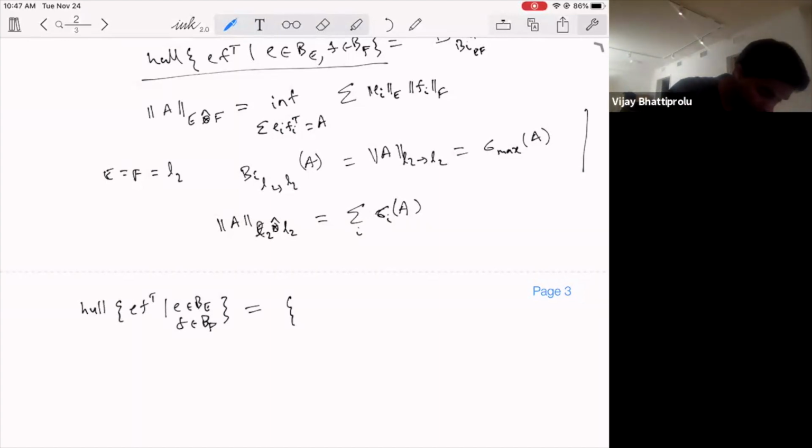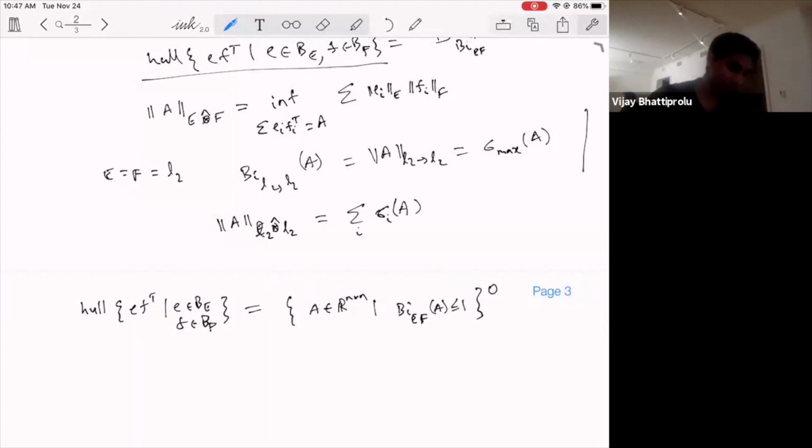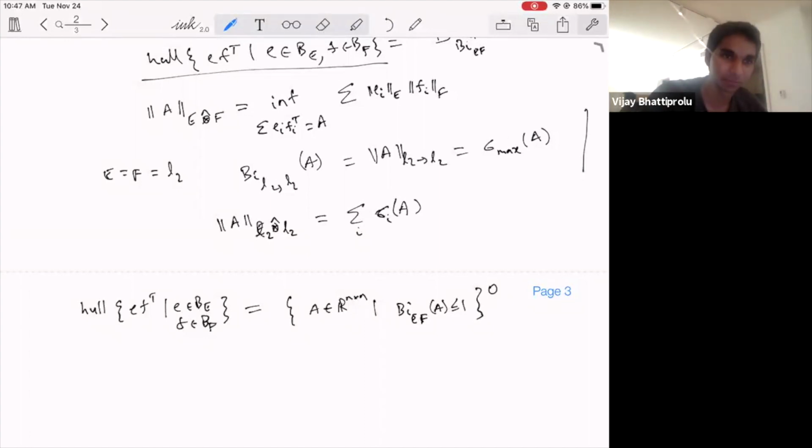It's the polar of the set of A in R^{n cross n} such that the bilinear maximum of A is at most 1. And if I put the circ on the left and remove the circ on the right, the same fact is true just by the bipolar theorem.